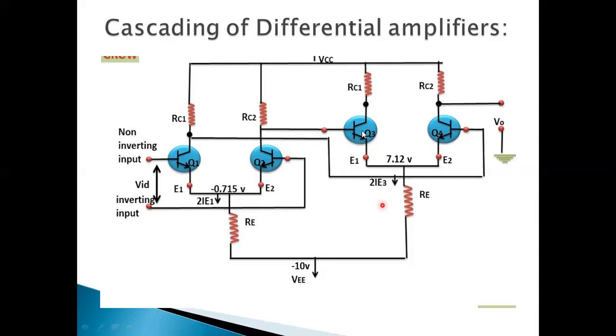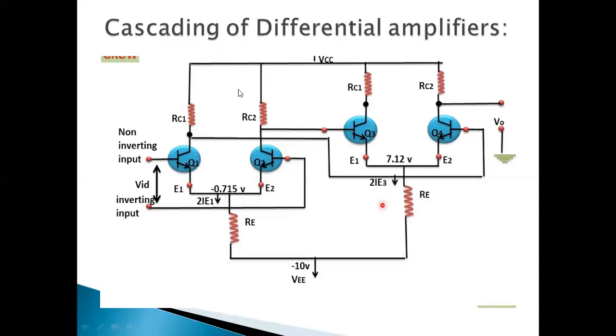In the second stage we also use a differential amplifier, and this type is known as dual input unbalanced output differential amplifier, because we apply two inputs to the two transistors and take the output at only one collector with respect to ground. So this configuration is known as dual input unbalanced output.